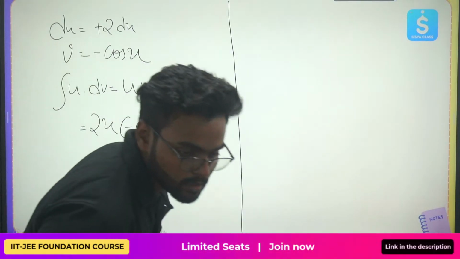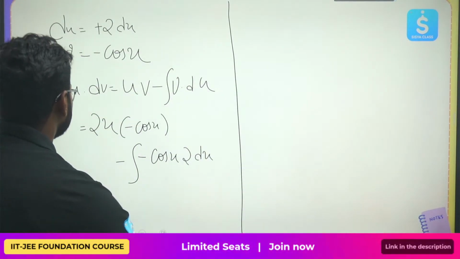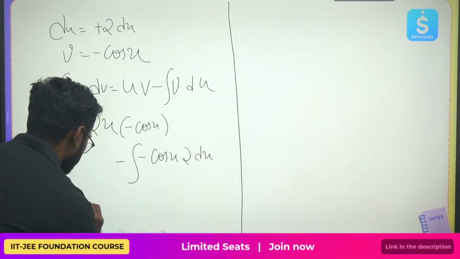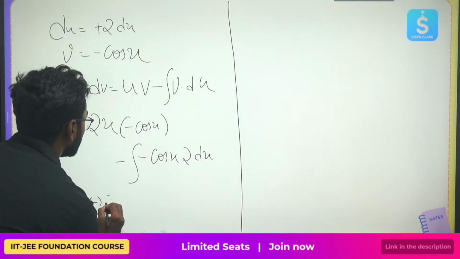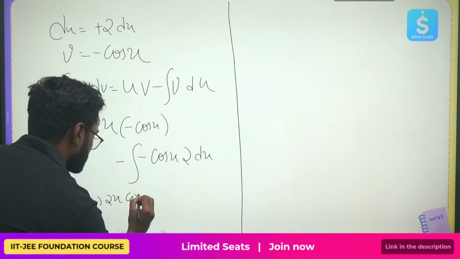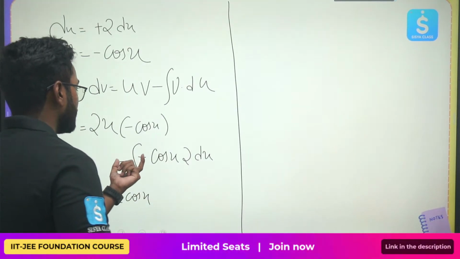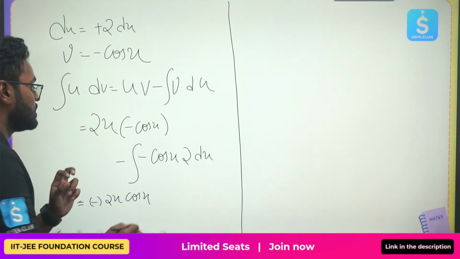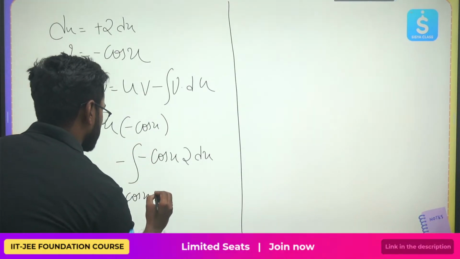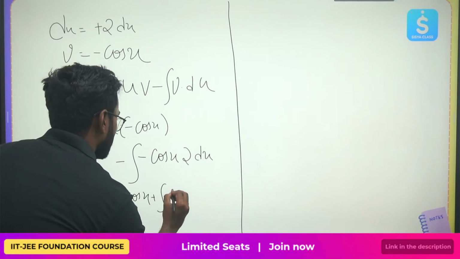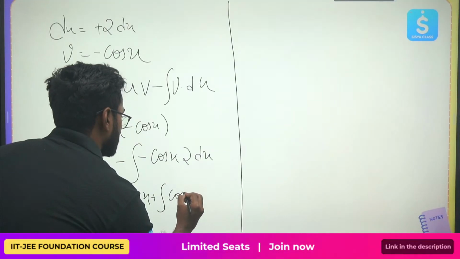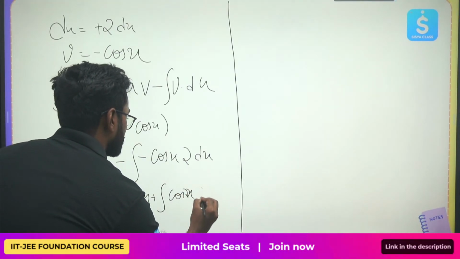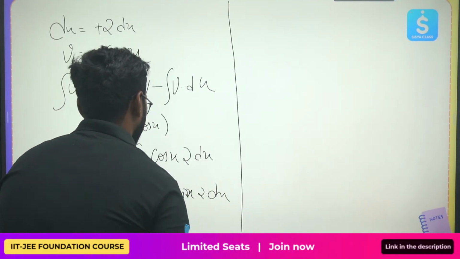Understood till here? Now let us open this. This should be minus 2x cos x, and if I take this outside, this should be positive, plus integral of cos x into 2 dx.